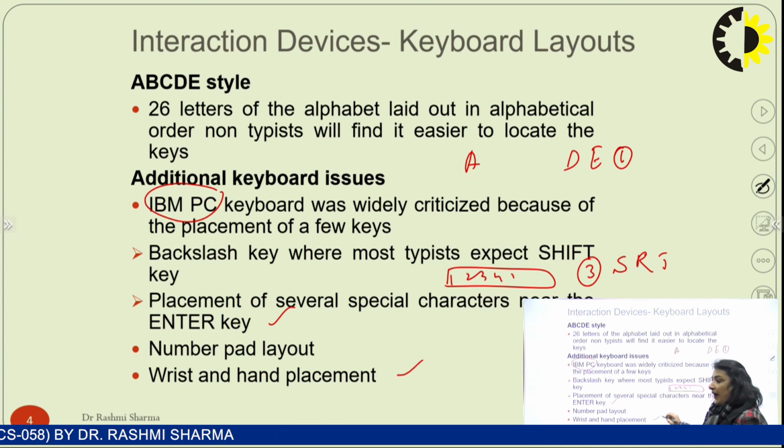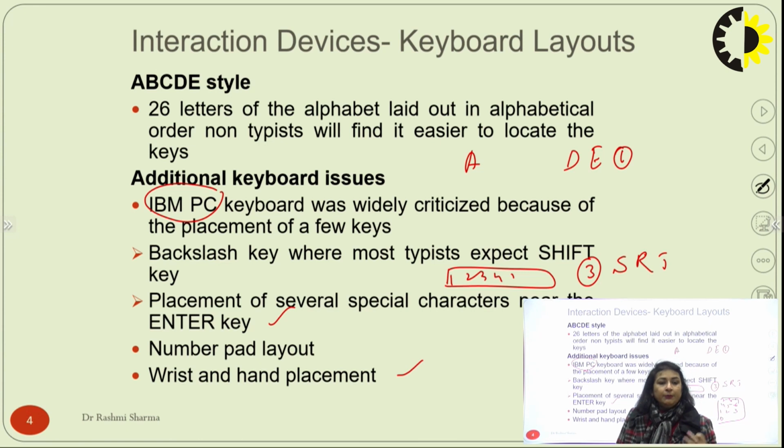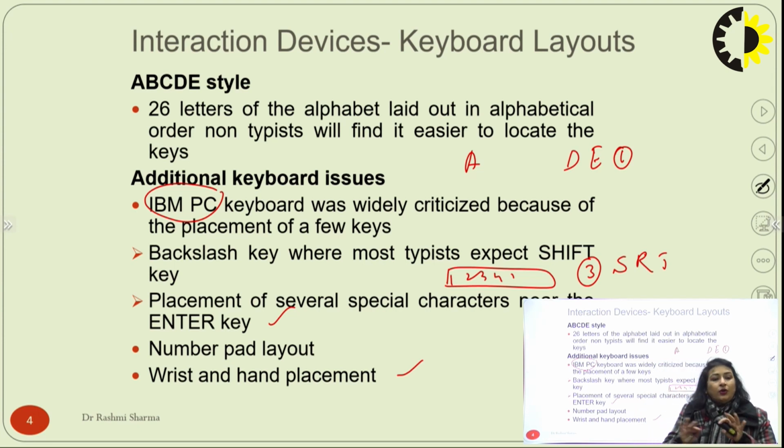The wrist and hand placement has to be such that, when we are talking about this, we are not talking about ourselves, because we are not typists. We program some of the time, but we think, we look, and then we do the programming. So we are not regular typists. But take a regular typist, for example a person who types a book.